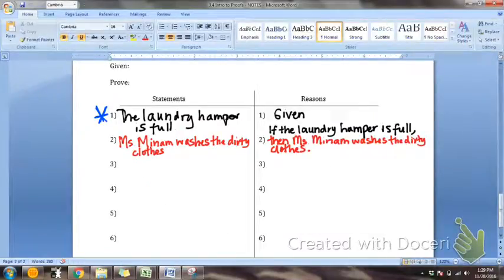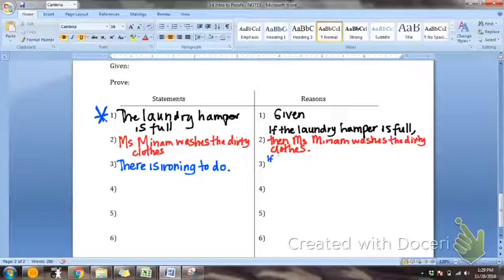Statements. Yep. So we're going to go into our statements. There is ironing to do. And then how did we know there was ironing to do? How did we know that to be true? Good. So we'll say if Miss Miriam washes the dirty clothes. We always start with if.